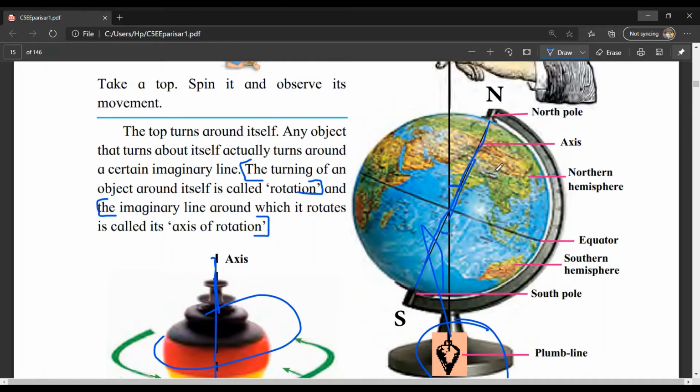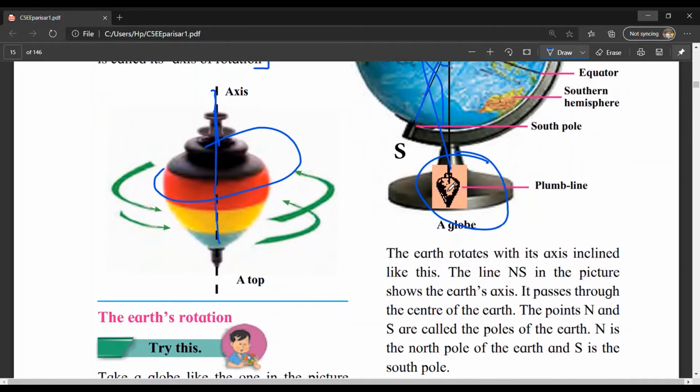Why? Because the globe is tilted. It is not straight. So by this experiment we come to know that Earth is tilted, and tiltedly it rotates, even it revolves.